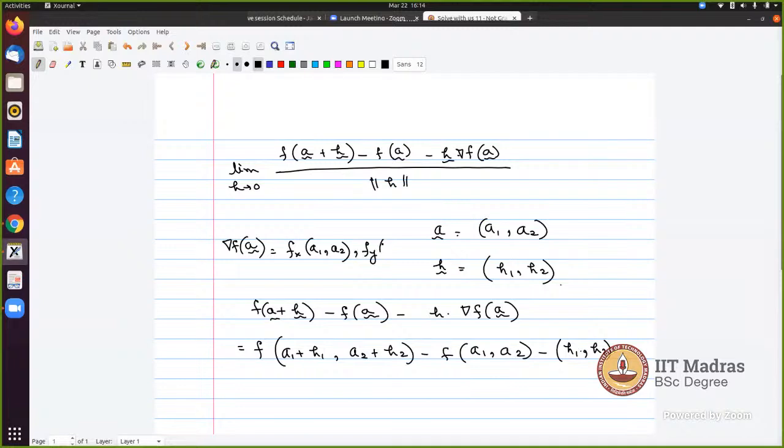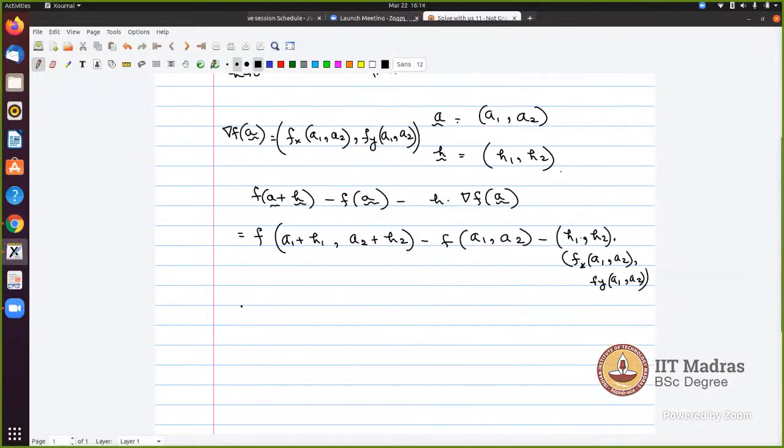So h1 h2 dot product with fx a1 a2, fy a1 a2. This is the numerator we are talking about.